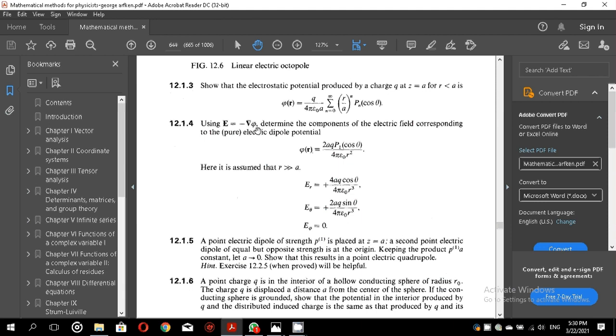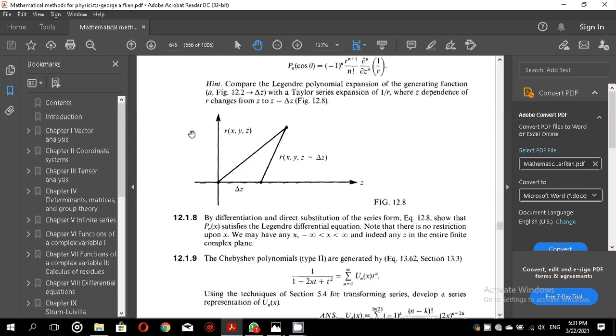So when you take the gradient of phi using the spherical coordinates, you will see that this is the electrostatic potential due to a dipole, and the three components of the electric field, the radial component, the theta component, and the phi component, come out to be like this using E equal to minus gradient of phi, where the value of gradient will be used from spherical polar coordinates, and this exercise has also been solved in my notes.